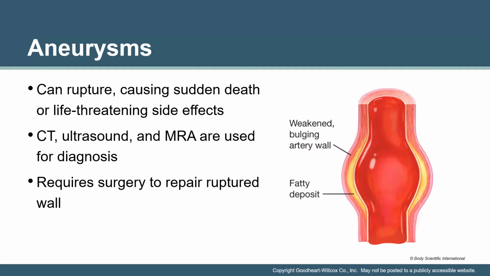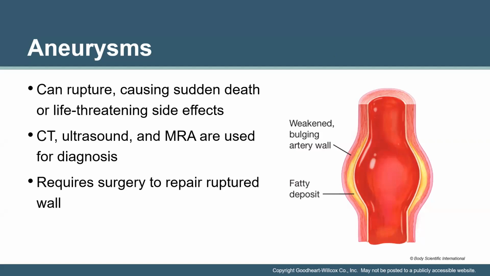Symptoms of an aneurysm can be pain and swelling, but I would say a lot of people may have an aneurysm and they're not aware of it. Common locations will include the aorta, the brain, the artery behind the knee, and sometimes the intestines.